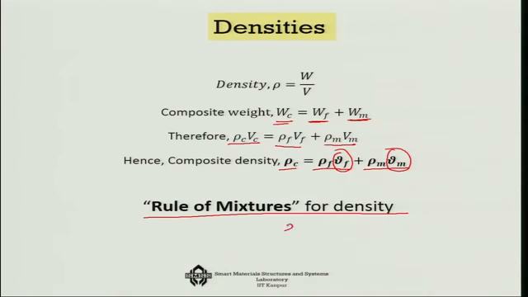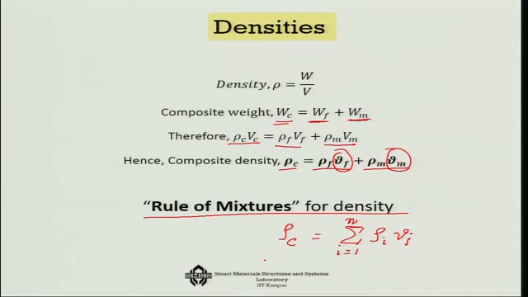That means I can write that the density of a composite is the sum, i equals 1 to n, suppose there are n different phases, of rho i Vi. This is not only valid for density but for many transport properties of a composite.